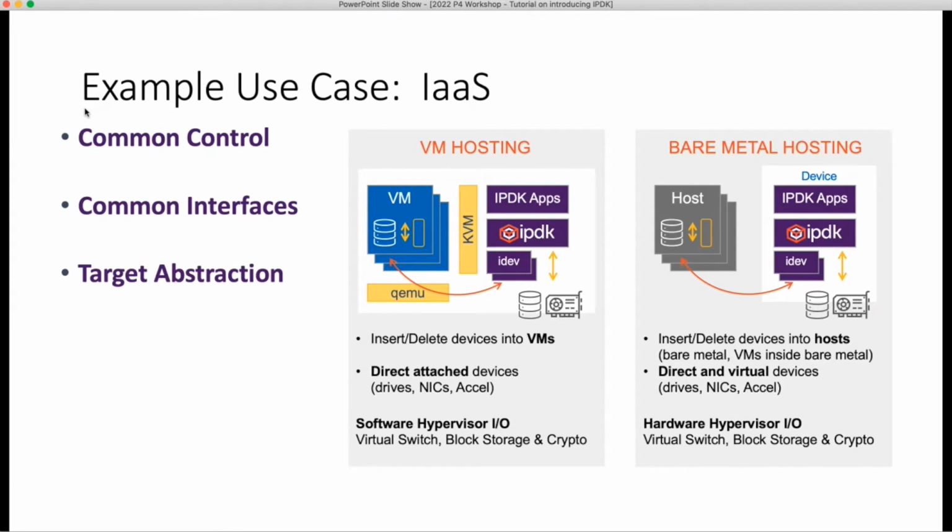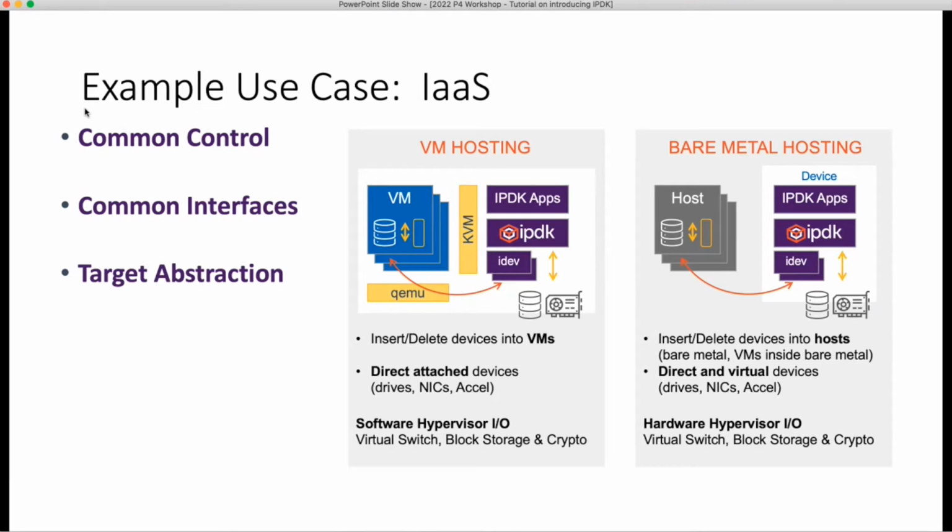Let's take a deeper look into one such use case, which is the infrastructure as a service. So within infrastructure as a service, our goal is to retain a common control interface, irrespective of whether we are using virtual machine hosting or bare metal hosting. Same IPDK apps will be used in both cases.